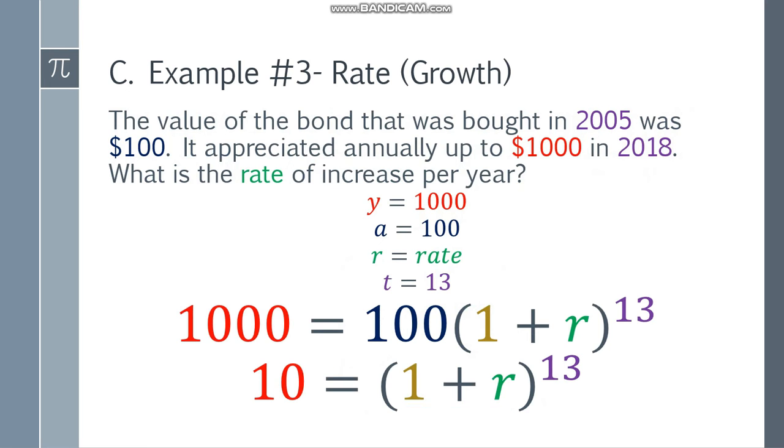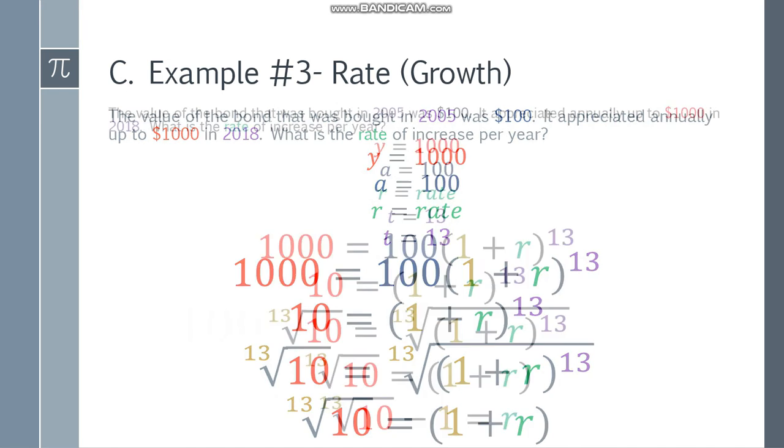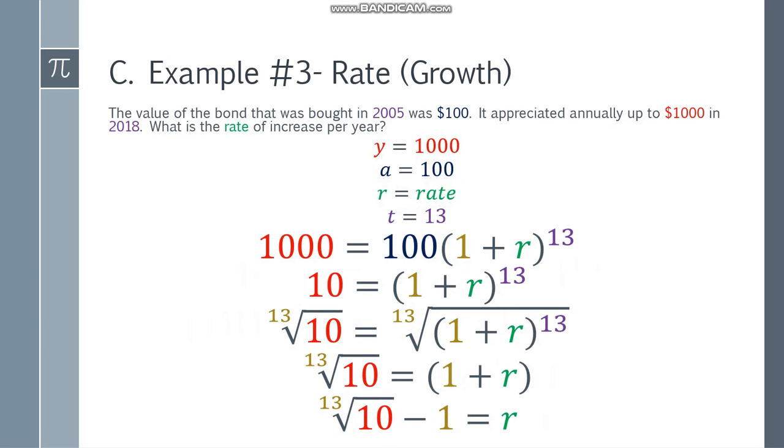To get the value of r, let's take the 13th root of both sides. The reason why is we must eliminate this exponent, 13 here. So you will get an answer like this. Now, to find the value of r, just subtract 1 from both sides, and you will get this.